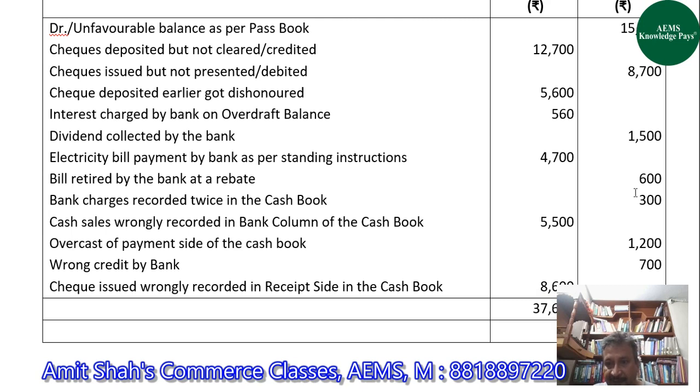And here is 23, 24, 25, 26,300, 26,800, 27,400, 27,700, 27,900, and 28,600.